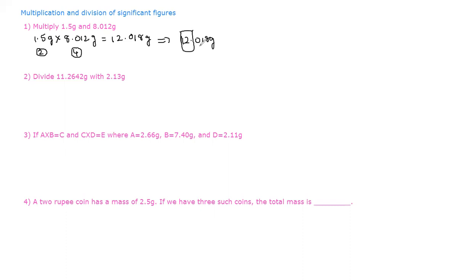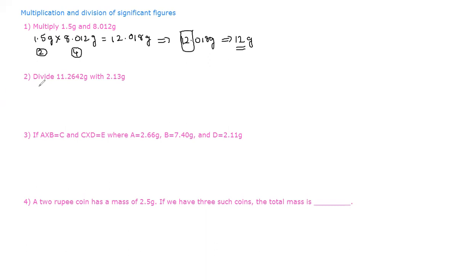So here 0 is present, here 1 and 8 are present. If you want to drop off 8, then you add one digit here, so it becomes 12.02. But again 2 is less than 5, so you need not add anything. So it remains 0 here. So simply you can drop off all these three digits. So your final answer will be 12 grams. Okay, this will be the final answer.